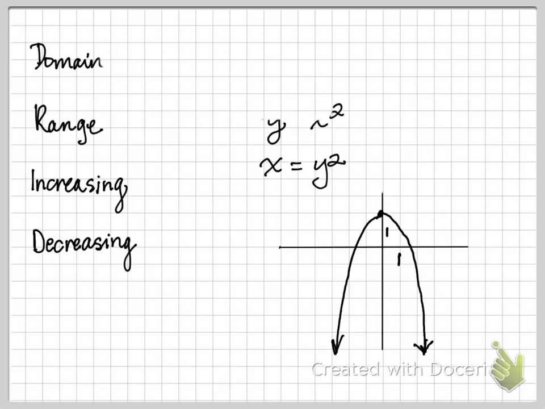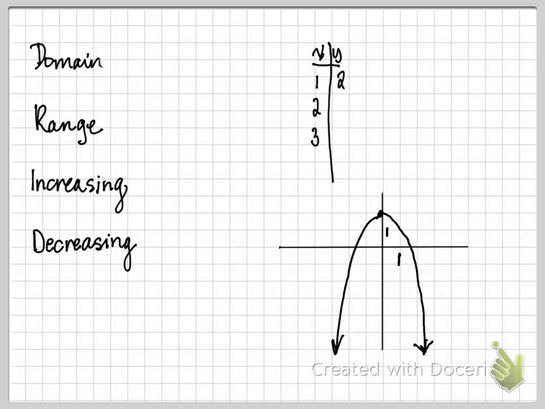And then the other thing that we could be given would be a table of values, right? So we could be given this table here with x and y, and I could have 1, 2, 3, and I could have 2, 3, 4, and those inputs and those outputs indicate a function.